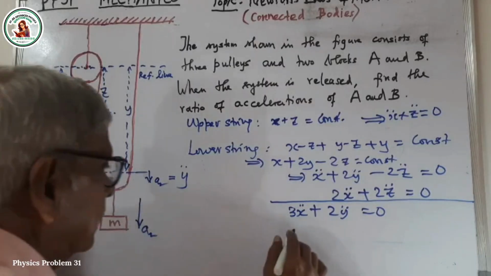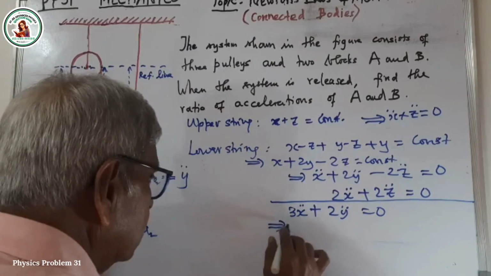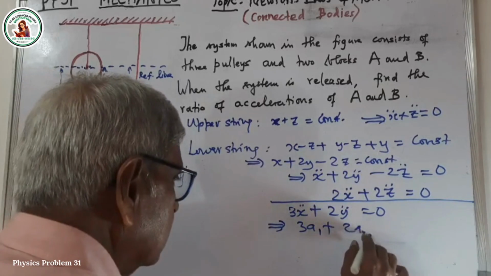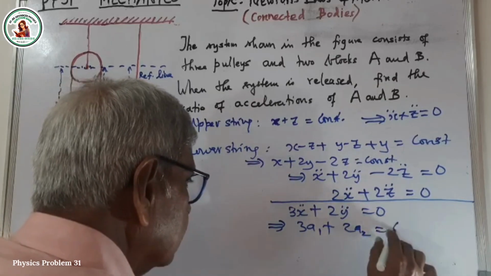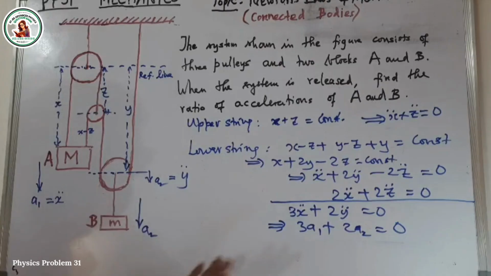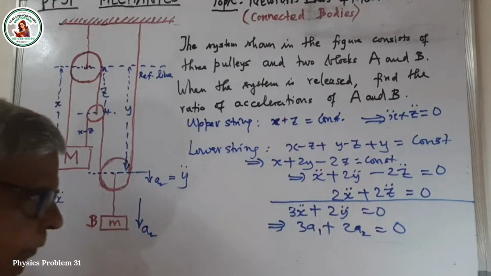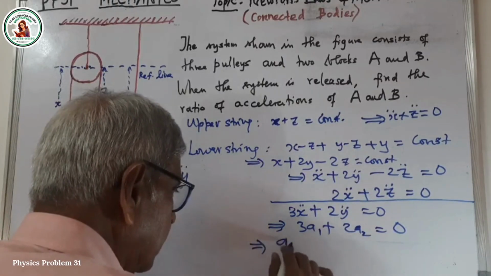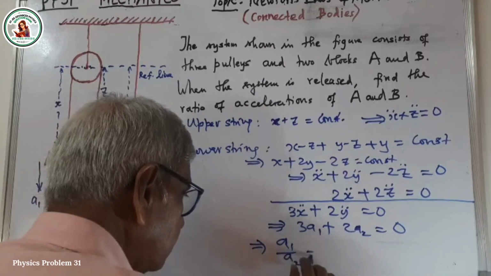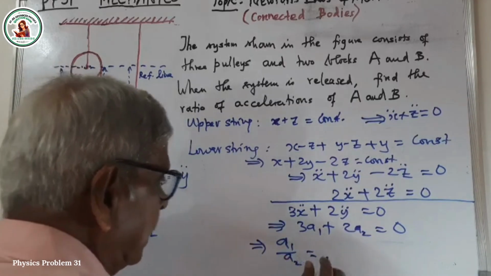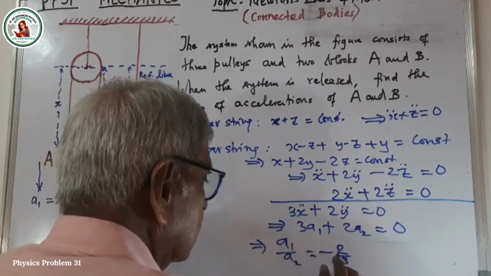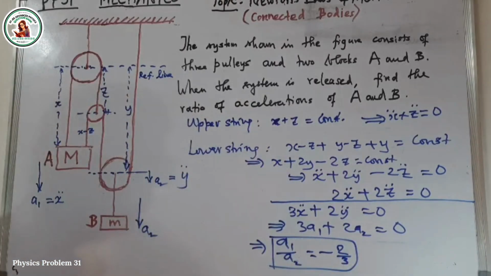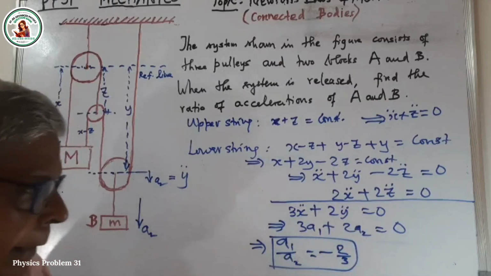X double dot is A1, so this implies 3A1 plus 2A2 equal to 0. That is the relationship between the accelerations that we are looking for, which you can write as a ratio: A1 by A2 equal to minus 2 by 3.